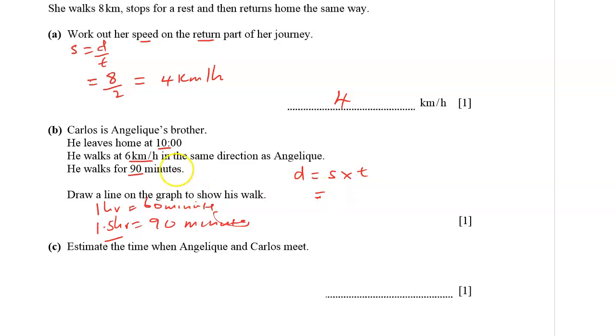So the speed is 6 kilometers per hour times the time he walked, which is 1.5 hours. So the hours will cancel. 6 times 1.5 will give us a distance of 9 kilometers. So he walked a distance of 9 kilometers.